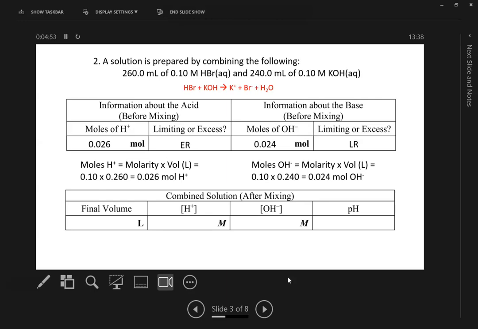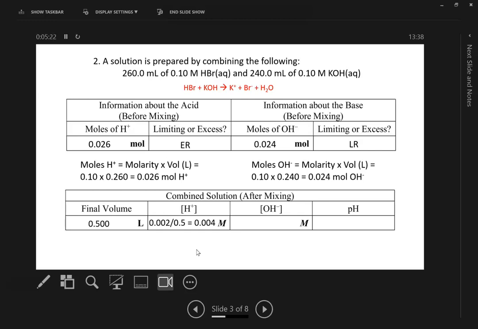Now, I actually do need to calculate final volumes and final concentrations. So I add the two volumes together. I get half of a liter. I can see what my H plus concentration is because I'm going to just subtract the limiting reagent from the excess reagent, which would be 0.026 minus 0.024 gives me 0.002.